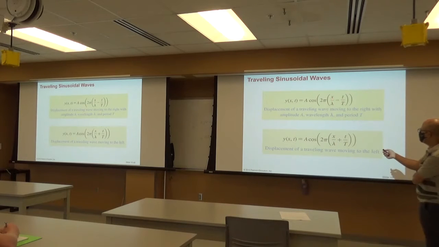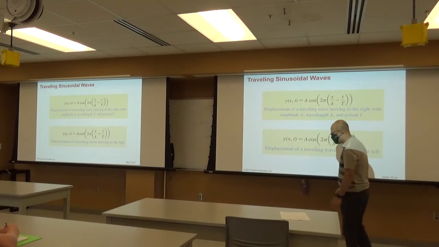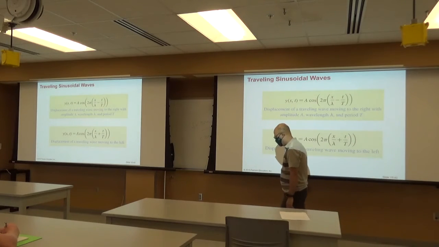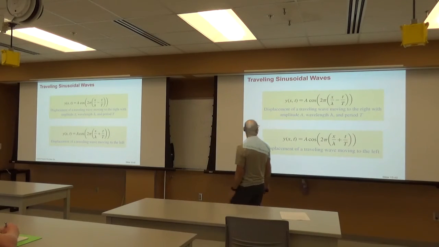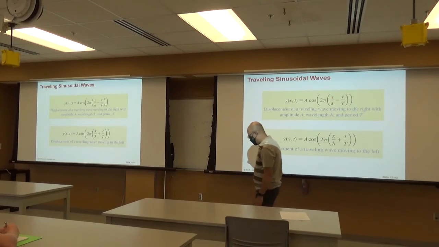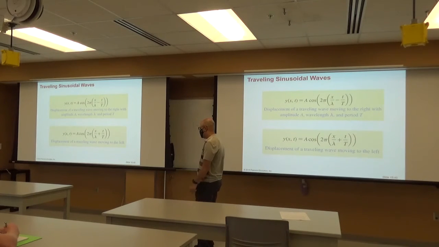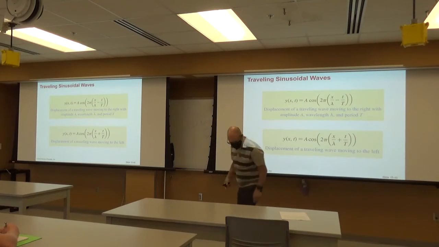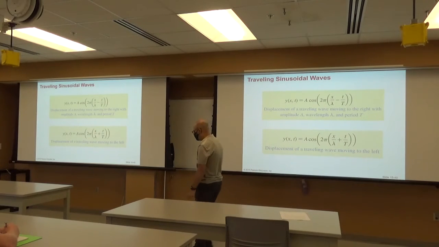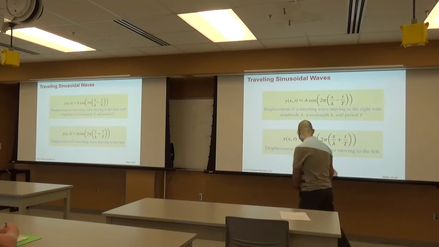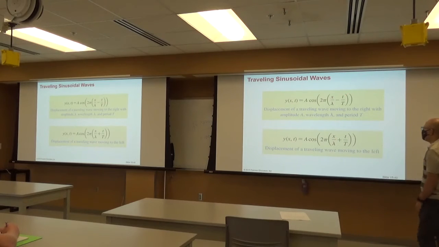For example, if I'm moving like this, x would be my position here, and t would be the time. Starting from 0, how much time passed since I moved from the beginning, and x is how much distance I traveled from the beginning.